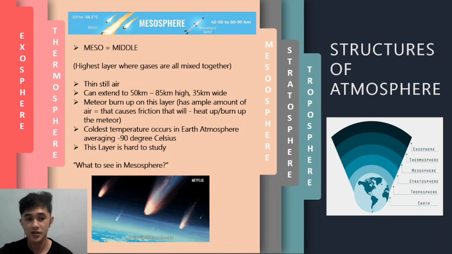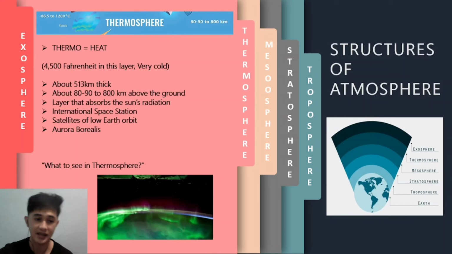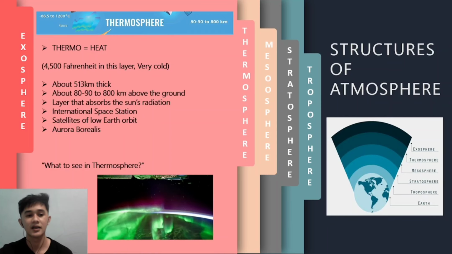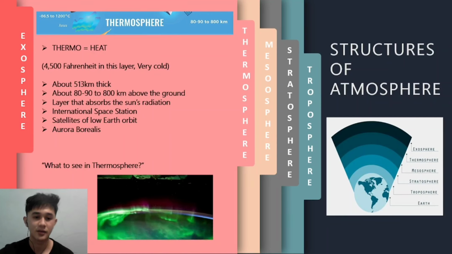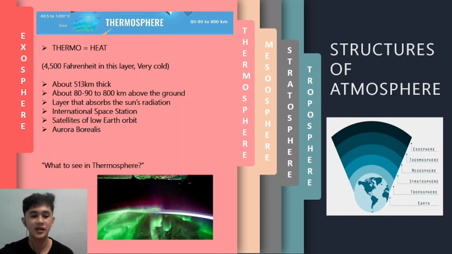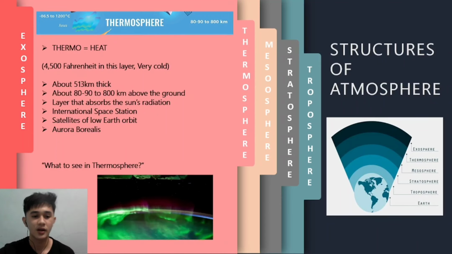Then proceeding to the thermosphere, which came from the word thermo, meaning heat. Dito sa layer na to merong 4,500 Fahrenheit na temperature, and it also has about 513 kilometers thick and about 80 to 90 to 800 kilometers above ground.